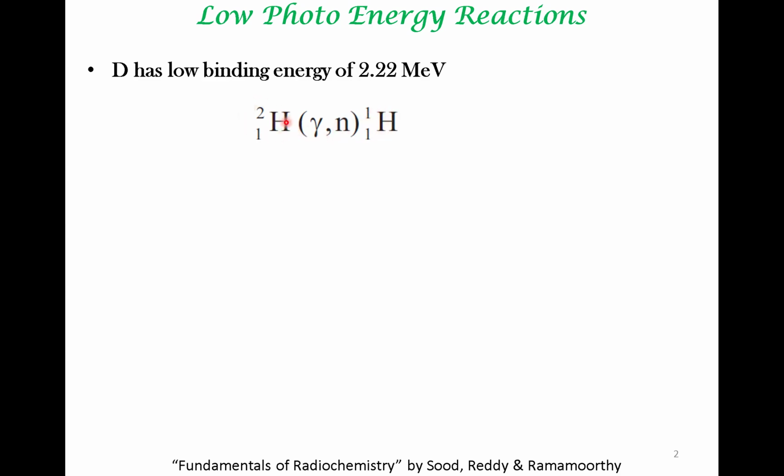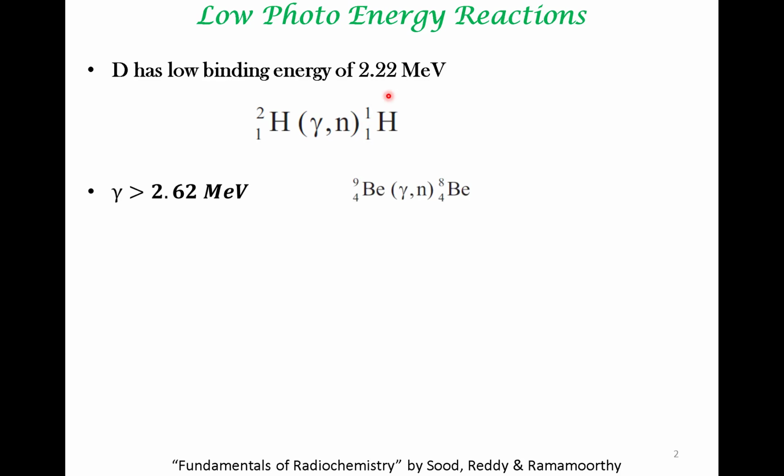So here we start with deuterium, expose it to a photon with energy greater than 2.2 to form hydrogen with just one proton, no neutron, and the neutron gets ejected.